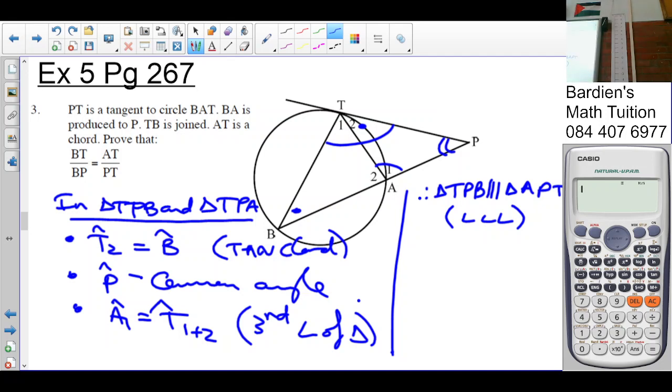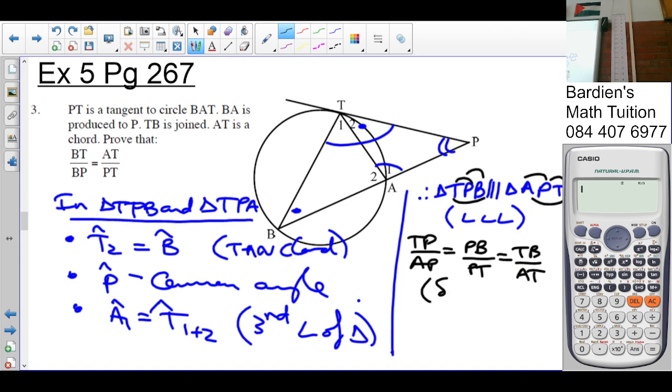So what can be concluded from here? We can say that TP over AP is equal to PB over PT equals TB over AT. Why? Corresponding sides in proportion.